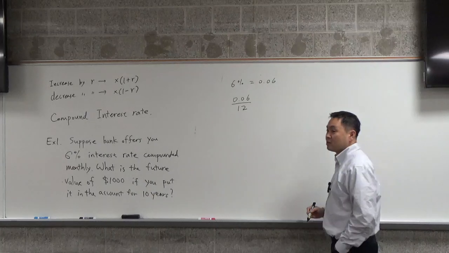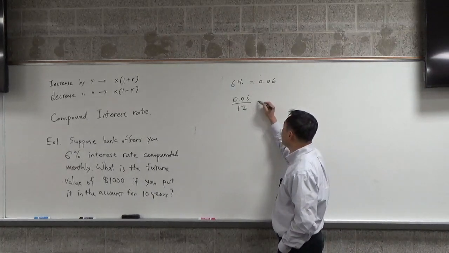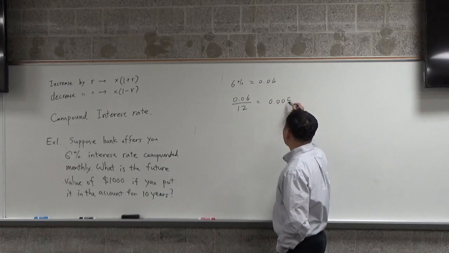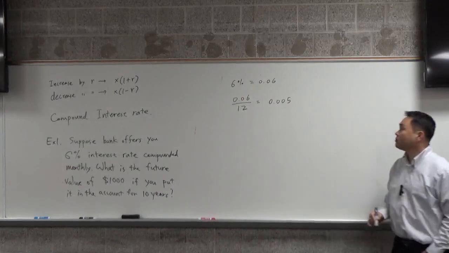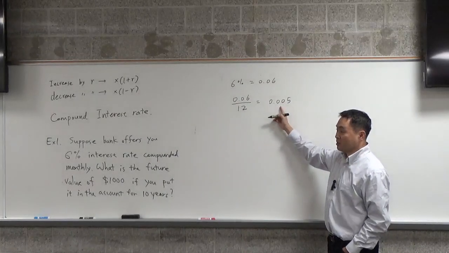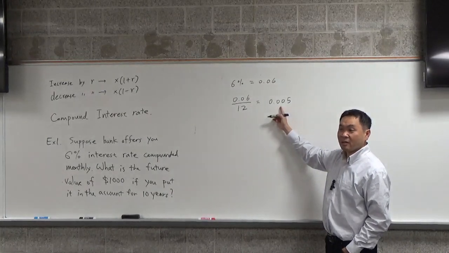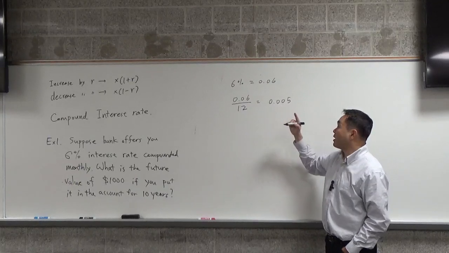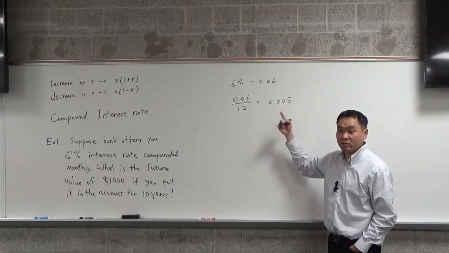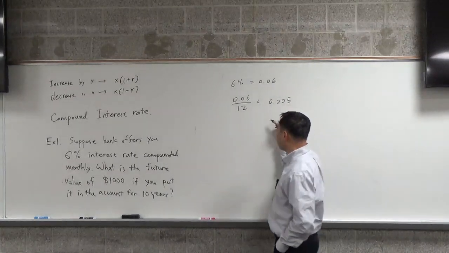So you divide 0.06 by 12, which is 0.005, right? So that's the rate that your money will increase every month.